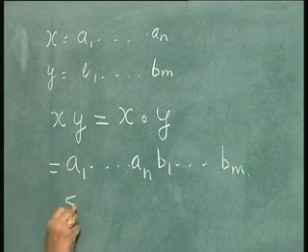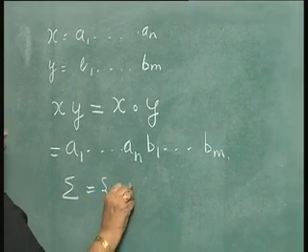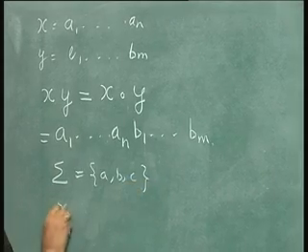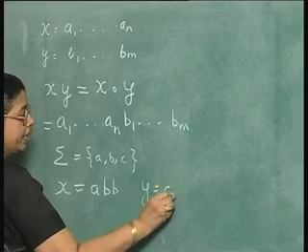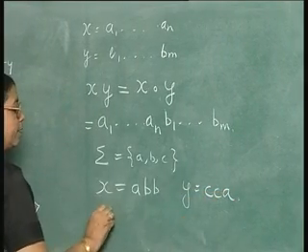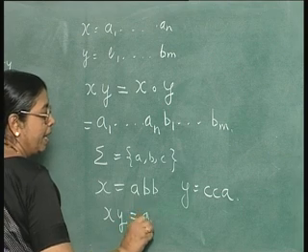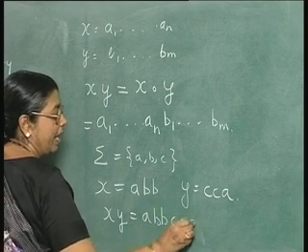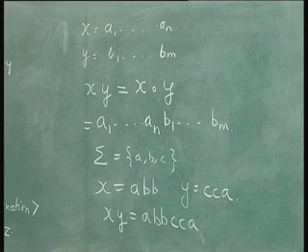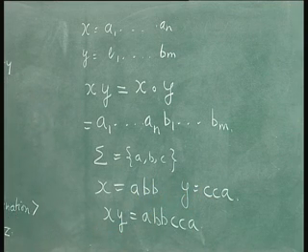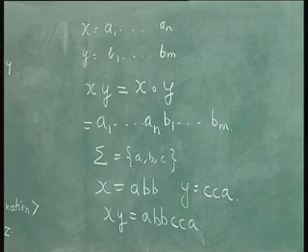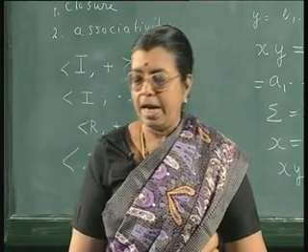For example, if the alphabet sigma is a, b, c, and x is a b b and y is c c a, then the concatenation xy is a b b c c a. Obviously, concatenation is associative, and sigma star is closed with respect to concatenation, because if you concatenate two strings, we again get a string from sigma star. So, these are some examples of semigroups. The two properties are closure and associativity.